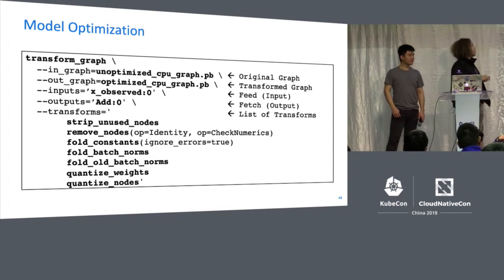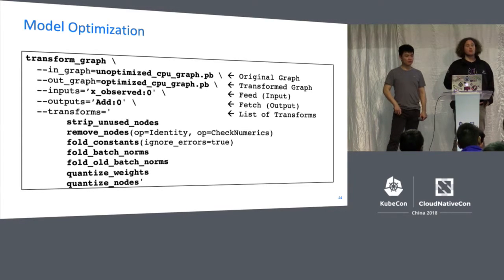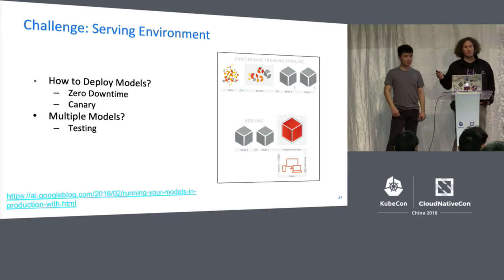There are different transform steps, but this is something you should really consider. You can also optimize for different serving environments: you might produce one model running on CPUs, one running on GPUs, and maybe one running on your mobile phone.